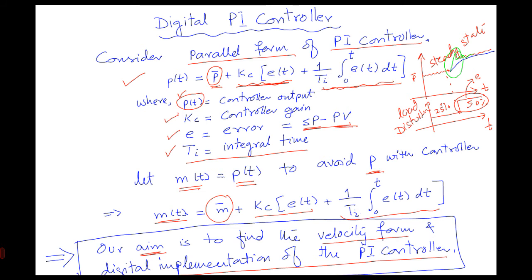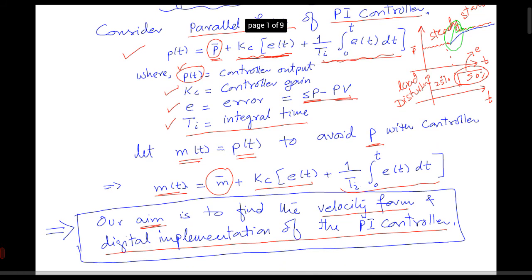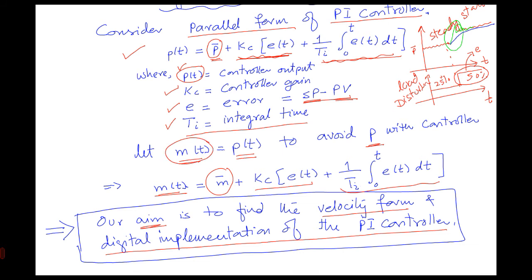To avoid any confusion, it's better to assume MT instead of PT, to avoid confusion with the P that we are going to use for the controller. Therefore, rewriting this equation: MT equals M bar, which is the bias or the steady state value of the controller output, plus the proportional term, and this corresponds to the integral term.